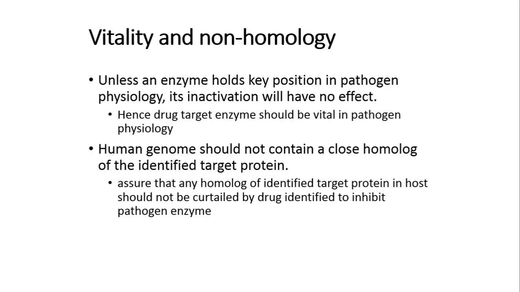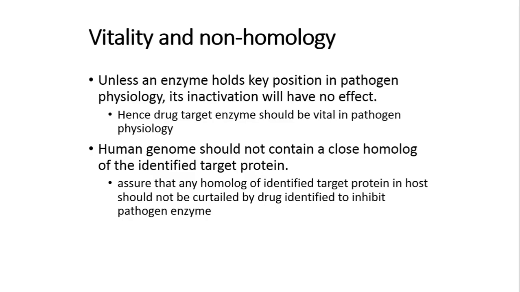Okay, therefore, the drug target that you are supposed to identify should be vital in the pathogen physiology. There should not be any compensatory pathways that would create the metabolites created by the drug targets that you are going to identify. Okay, so that is called vitality.